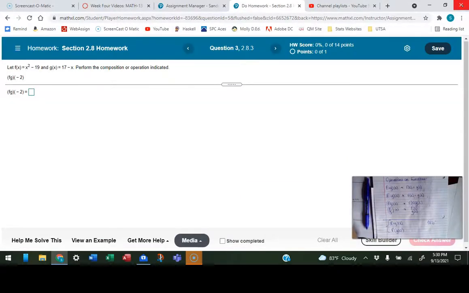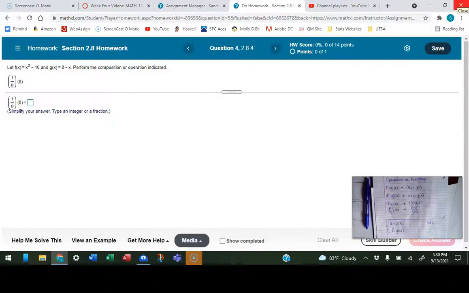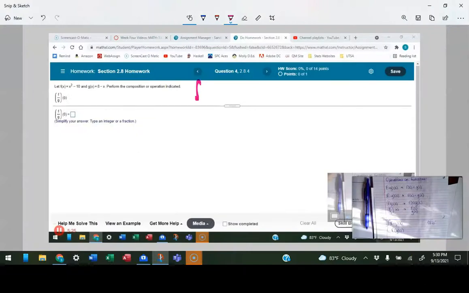Okay, so let's do another one. So I have f over g at 0. So again, what does this mean? This literally means that I'm going to take f of 0 over g of 0. So do not panic yet. I don't know if your denominator is going to turn into a 0 or not. So what I have on the top is f of 0.